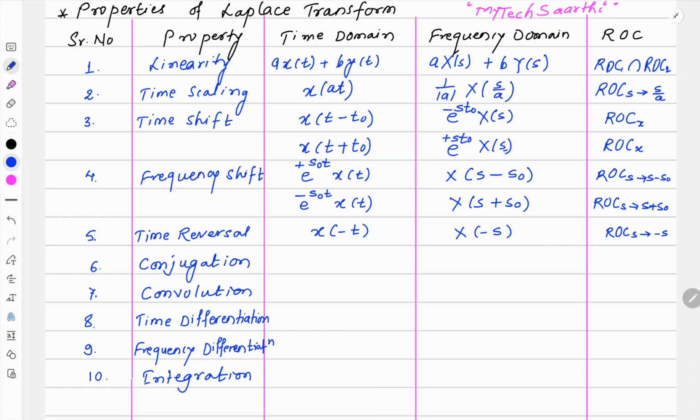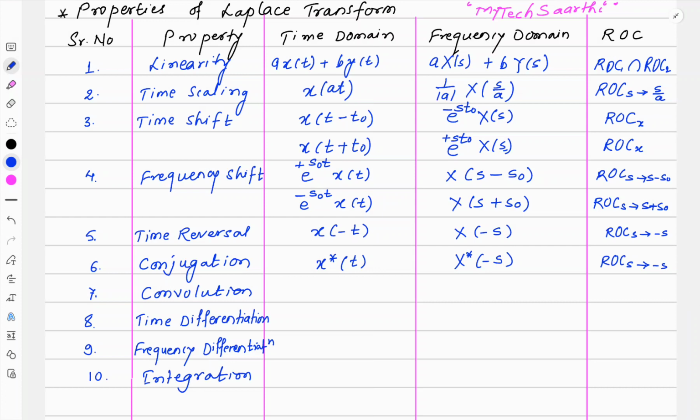The next property is conjugation. If we take conjugate of x of t, in this case we get x star of minus s. So ROC will be again opposite of the original signal, replace s with minus s.